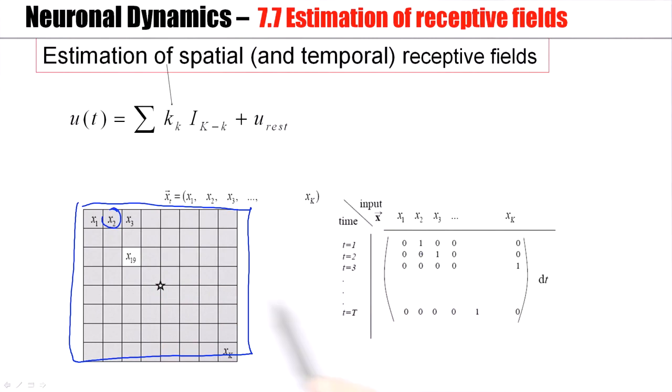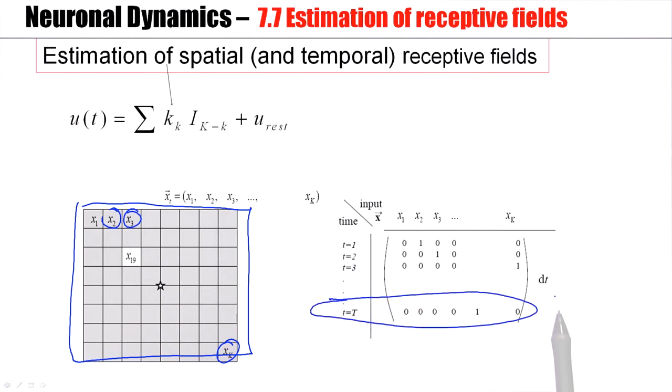In time 2 it might be here. In time k it might be down here. And somewhere in between it's here. It's randomly moving around. So one instantiation of the stimulus is a vector x with many zeros and a single one. That's where the light point sits.